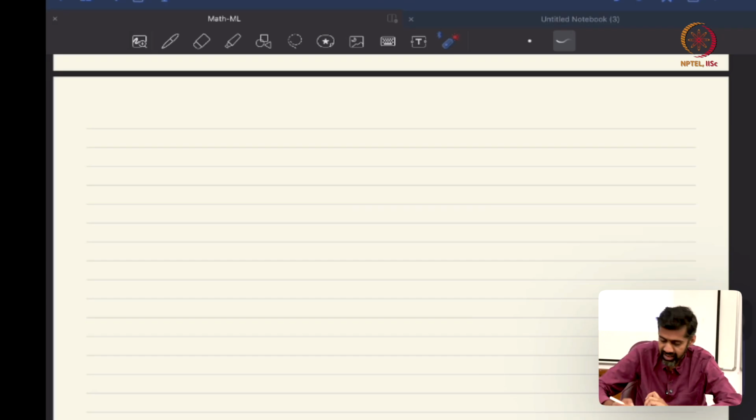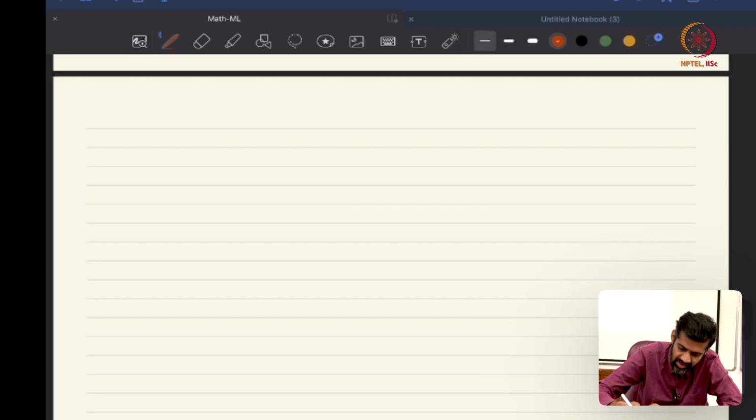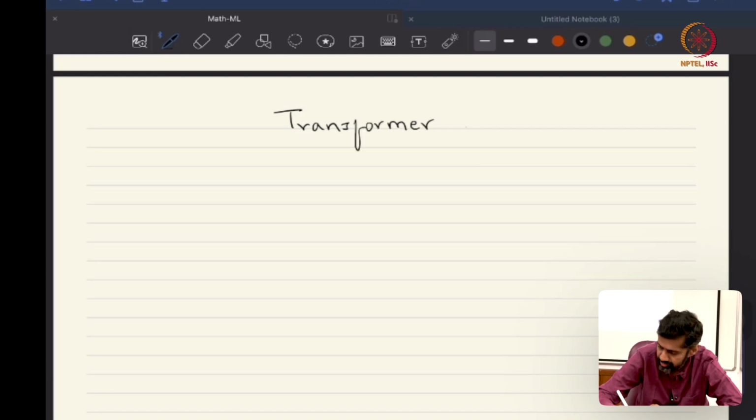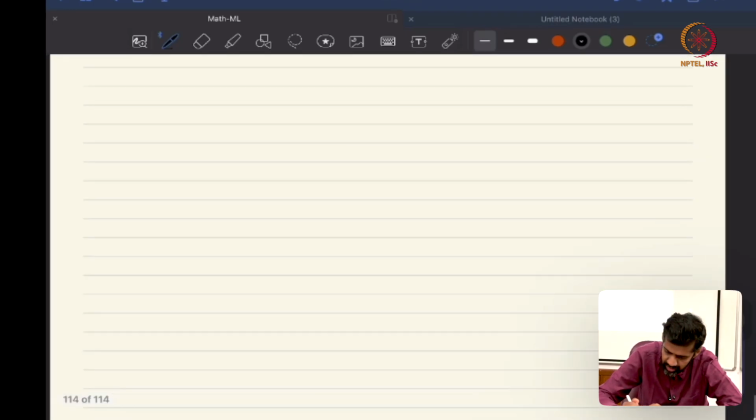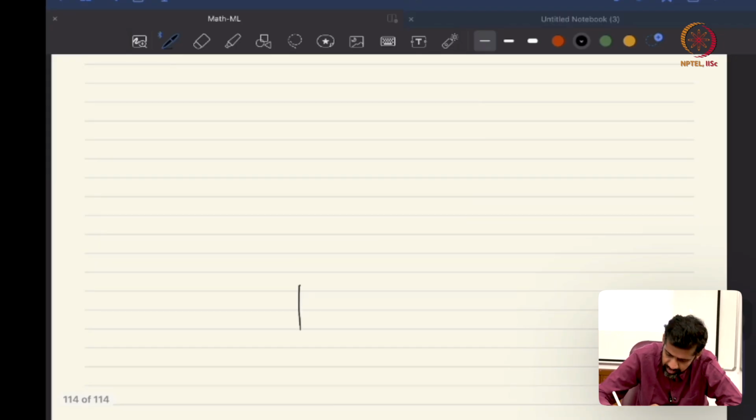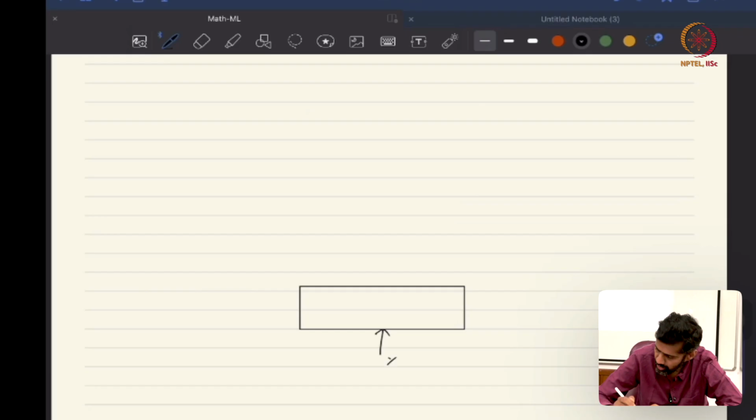Okay, right. So finally we will write this transformer architecture, putting all these Lego blocks together. You start with x.